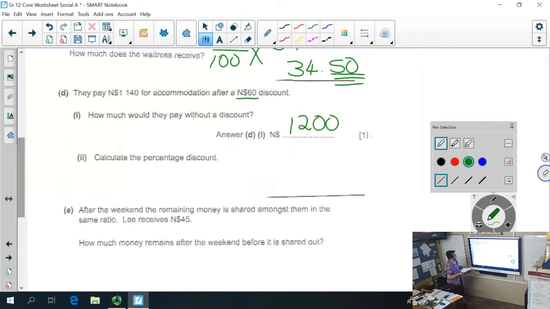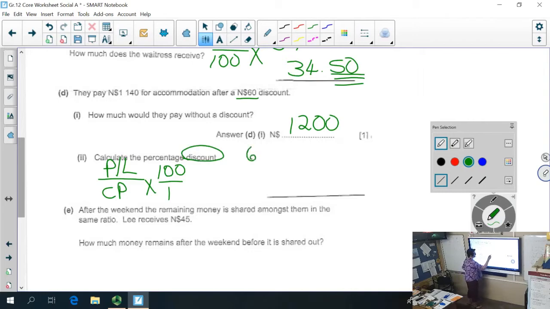Then calculate the percentage discount. Now, look, I've showed you the formula already. Profit or loss on the cost price times 100 over 1. We must first find that discount. Okay, but in this case, they told us it was $60. So it's 60 on what? The original amount. Which one is now the original? No, this is the original amount.